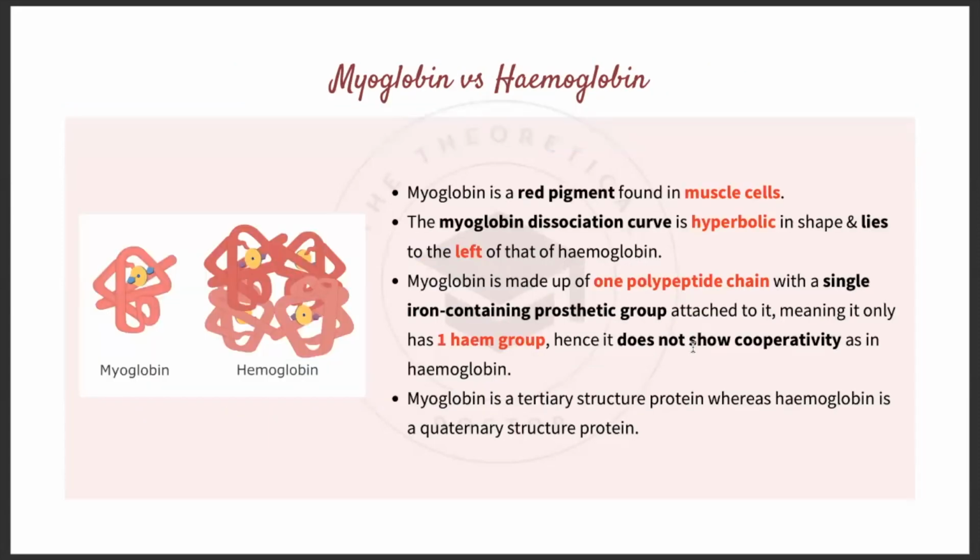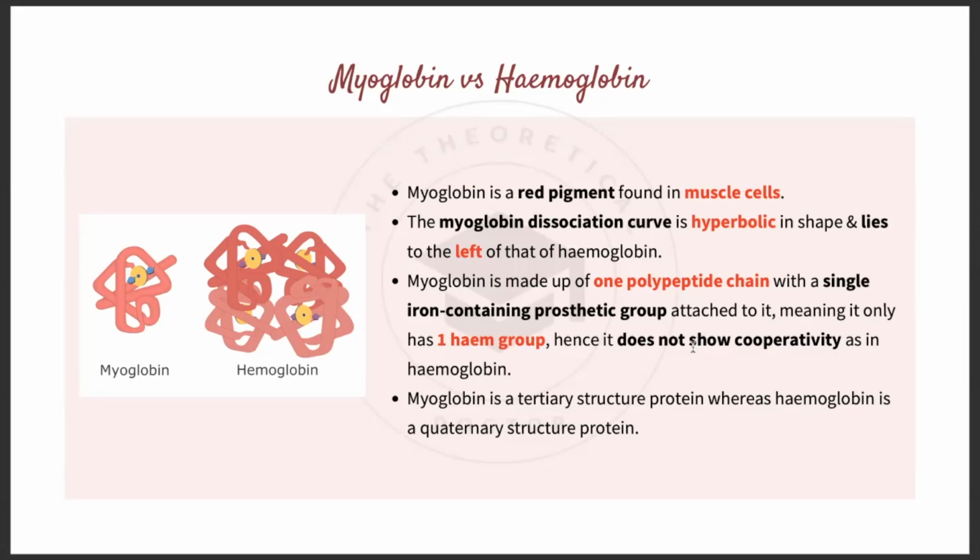Myoglobin versus hemoglobin. We've talked about hemoglobin, now we're going to talk about myoglobin. Myoglobin is a red pigment found in muscle cells. The myoglobin dissociation curve is hyperbolic in shape. I'll show this in the next slide, and it lies to the left of that of hemoglobin.